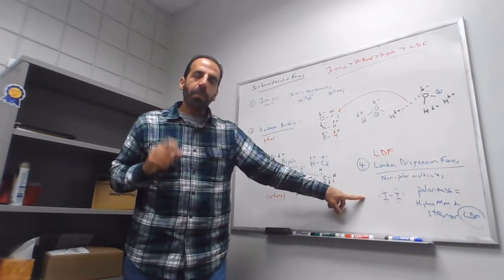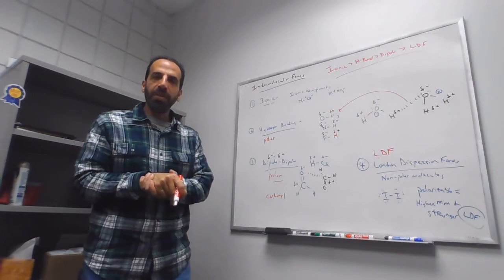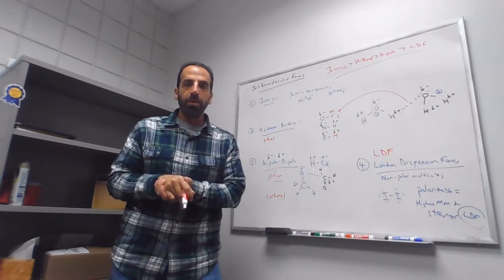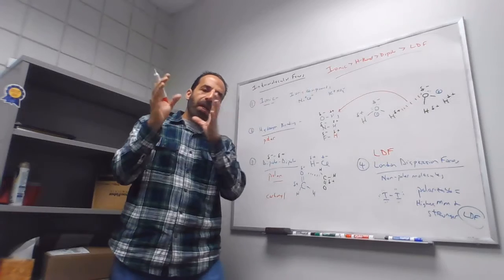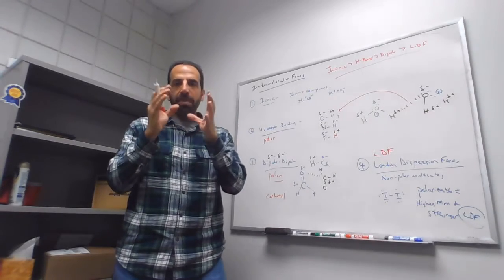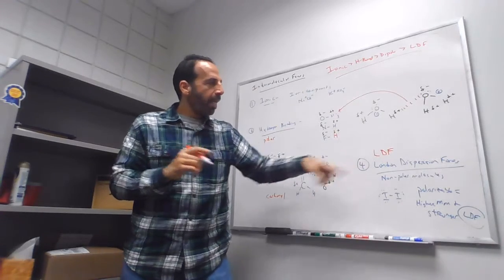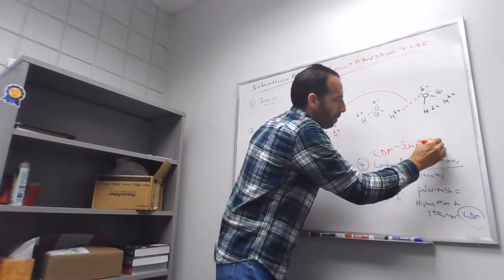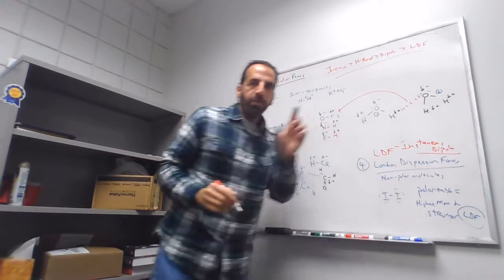One thing about this: when I'm comparing strengths of London dispersion forces, it has to do with the size. The higher the molar mass, the stronger the London dispersion forces. Because the bigger something is, the more those electrons in those atoms can shift. You have a partial negative and partial positive. Remember, LDF is an instantaneous dipole. It means just for a fraction of a second.